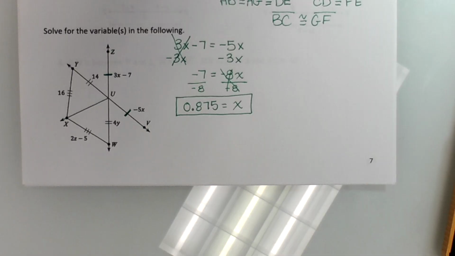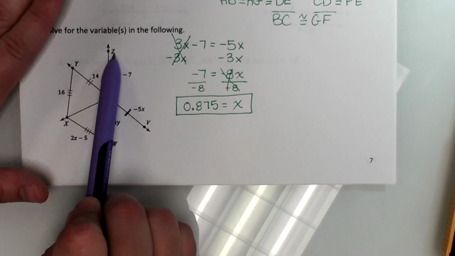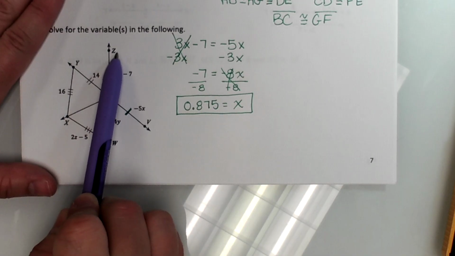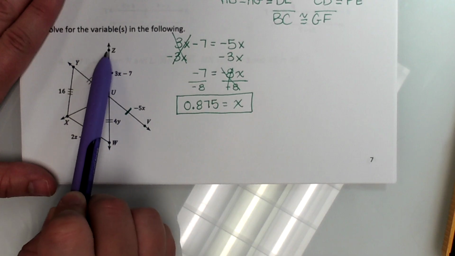Is that the only variable in the picture? Or do you see other letters? There's lots of letters. Now, is the capital letter right here a variable? It's a point.